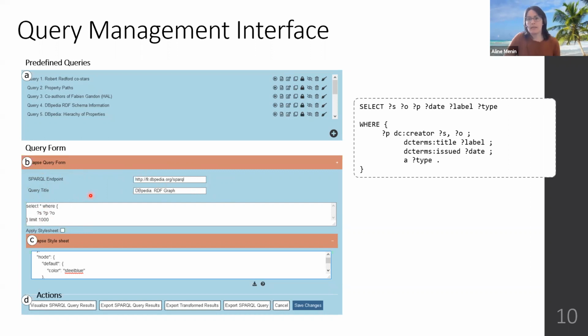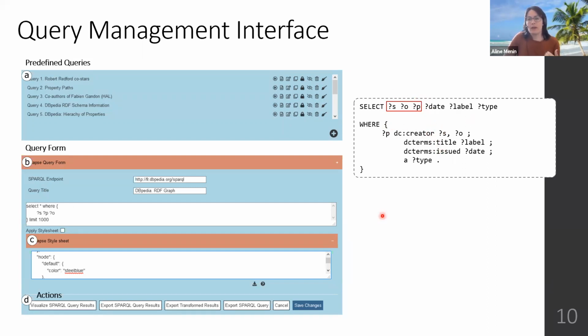So basically, what we need, we have 3 mandatory variables. We have S, O, and P. Knowing that what we are looking for here, the result will be a graph. So basically S and O are the nodes of that graph, and P will be the link between the nodes that we can define as we want.